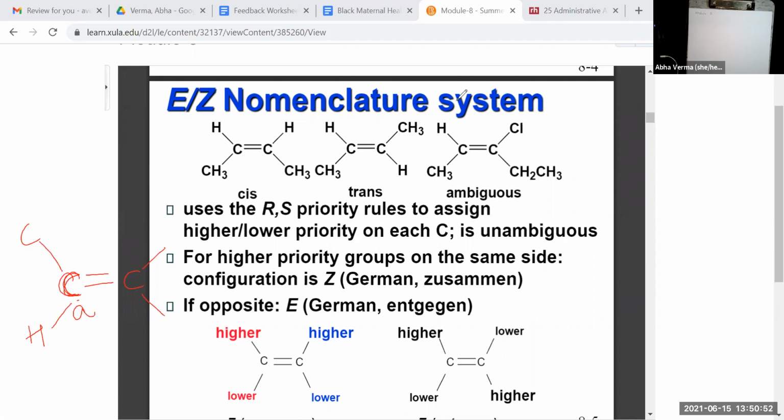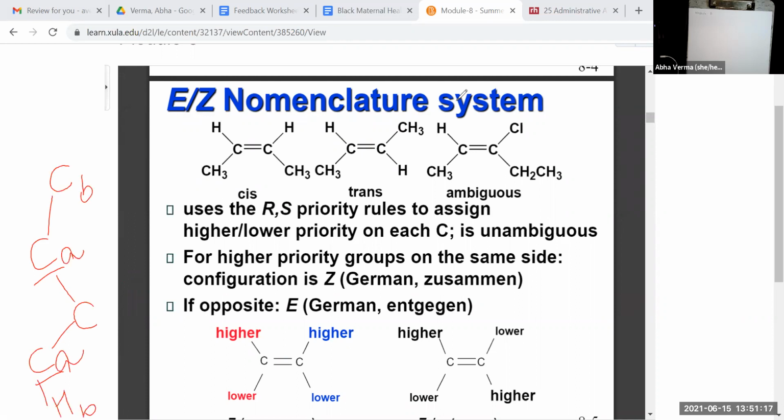Just like the priority we have been doing in our module 5 also, where we learned about the stereochemistry R and S configurations. And so if both the atoms are the same, you go and look at the next atom, and so on and so forth. So you can decide on the priority.